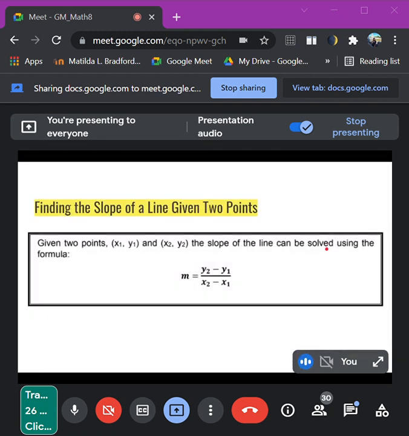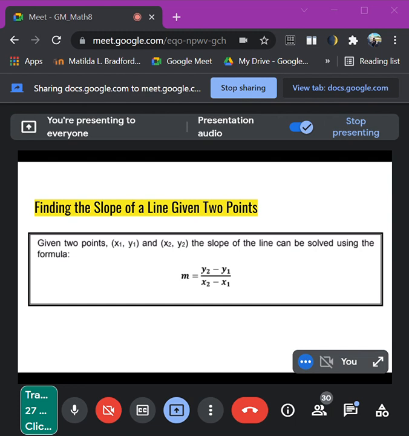Now, remember this one. Given the 2 points x sub 1, y sub 1, and x sub 2, y sub 2, the slope of a line can be solved using the formula m is equals to y sub 2 minus y sub 1 over x sub 2 minus x sub 1. So, you have to know kung unsay mohang y sub 2, y sub 1, x sub 2, and x sub 1, para dili magka-interchange ang imuhang numbers. Kay once magka-interchange imong numbers, your answers would not be the same as the final answer.